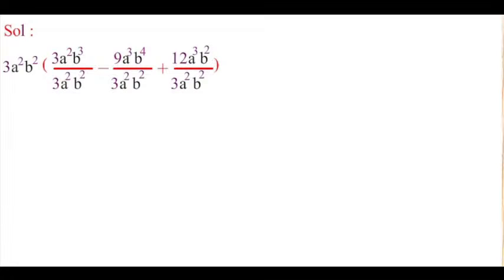Then the solution will be 3a squared b squared, open bracket, 3a squared b cubed over 3a squared b squared, minus 9a cubed b to the power 4 over 3a squared b squared, plus 12a cubed b squared over 3a squared b squared. Inside the bracket we have b minus 3ab squared plus 4a.